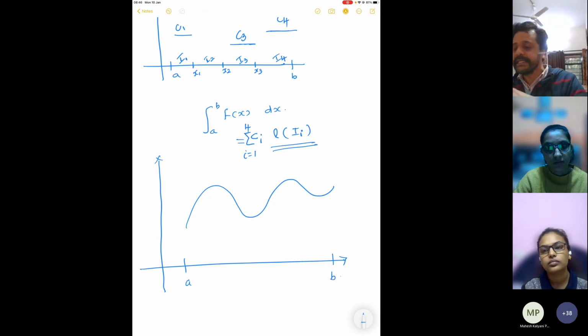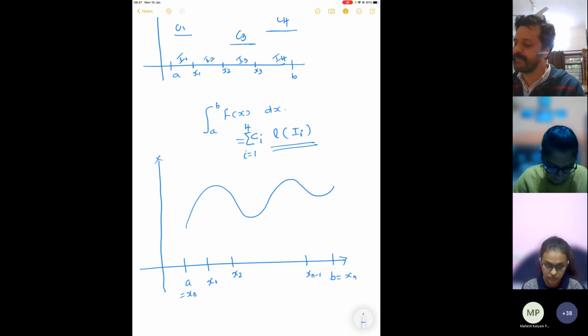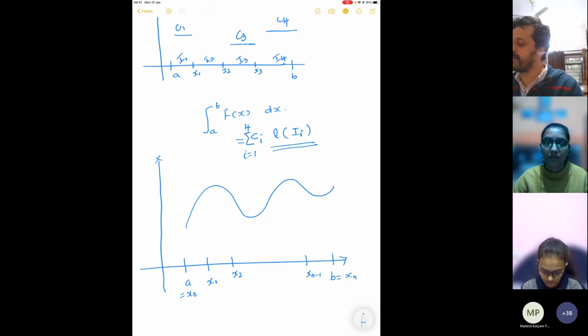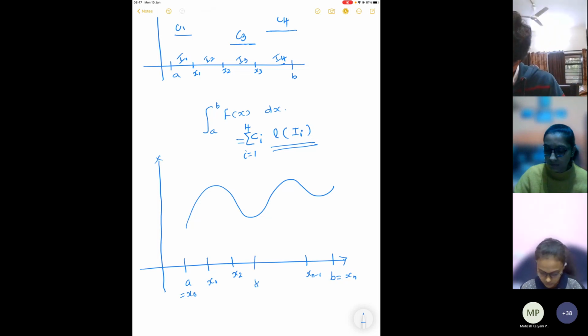That is, divide this interval into several subintervals, a finite number of subintervals: x0, x1, x2, and so on, up to x(n minus 1), xn. And in each of these subintervals, let me write it as [x(i minus 1), xi].